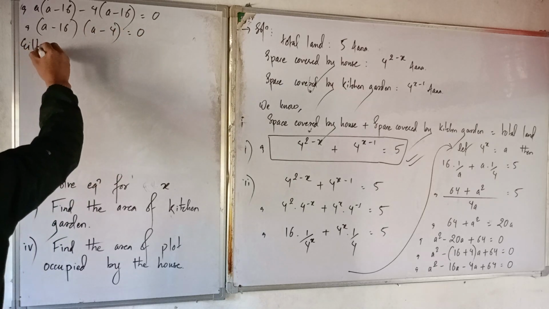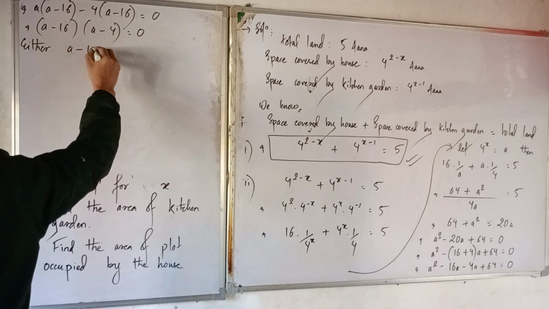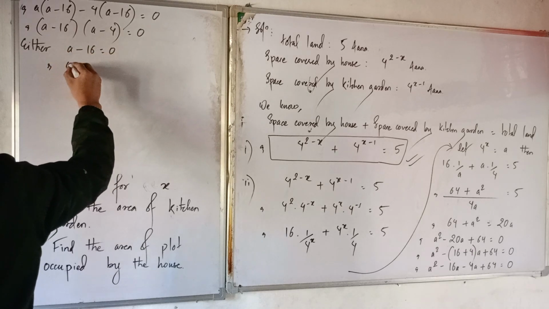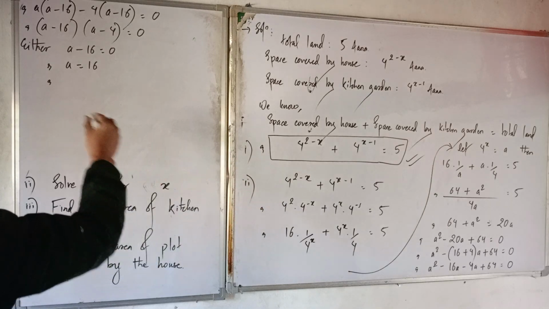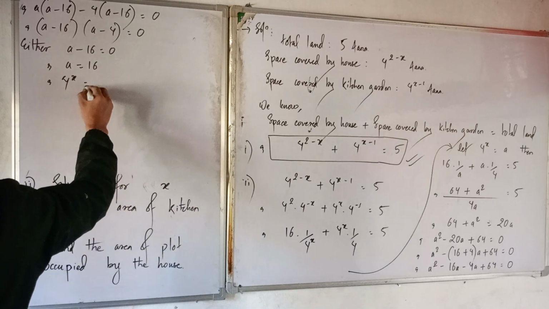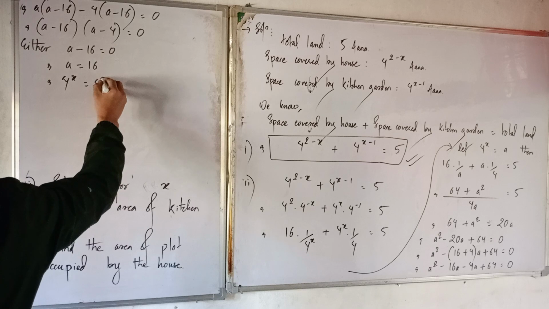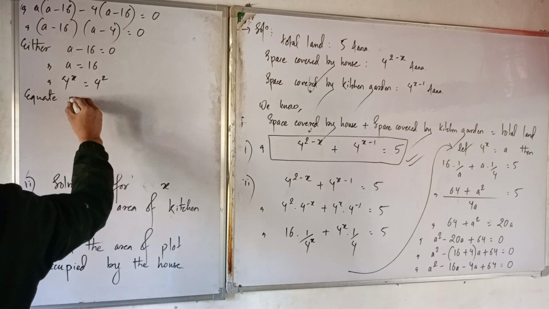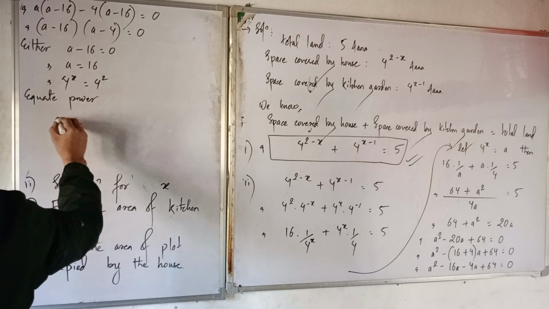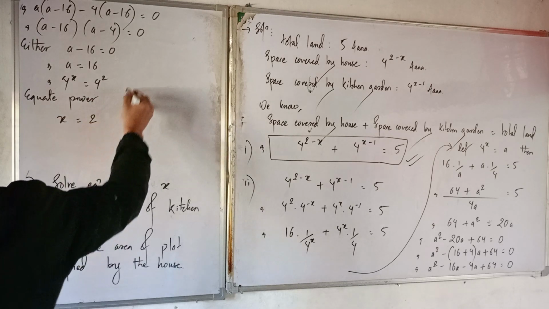Either a minus 16 equals 0, or a equals 16. Replace back the value of a by 4 power x. 4 power x, 16 in terms of 4 is 4 power 2, equate powers, you'll get the value x equals 2.